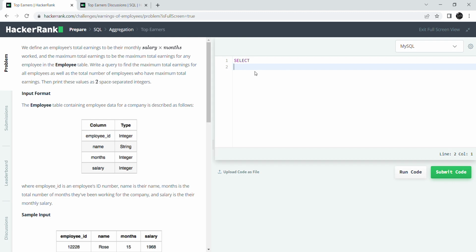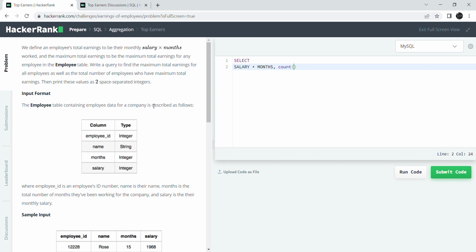To do this, the first thing we need is to calculate the total salary, and we calculate it by the formula already given. So select salary into months, comma. Now we are asked to find how many employees are earning the maximum salary.